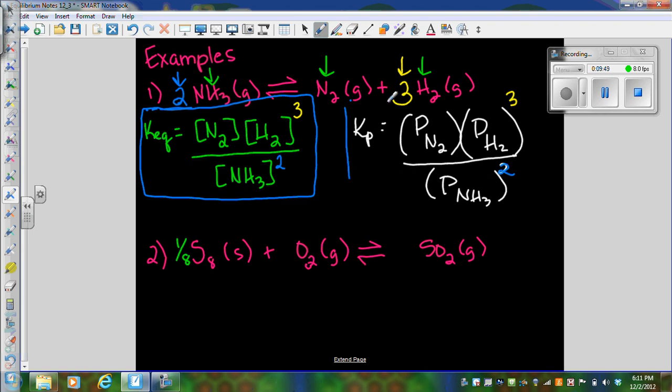So this here is my equilibrium expression for that same reaction.